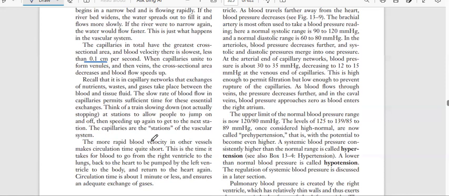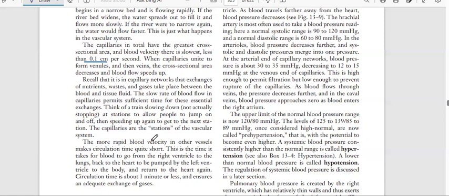Recall that it is the capillary network where exchange of nutrients, waste and gases takes place between the blood and tissue fluid. The slow rate of blood flow in capillaries permits sufficient time for these essential exchanges. Think of a train slowing down at a station to allow people to jump on and off, then speeding up again to get to the next station. The capillaries are the stations of the vascular system.